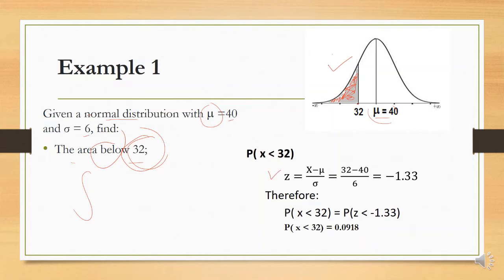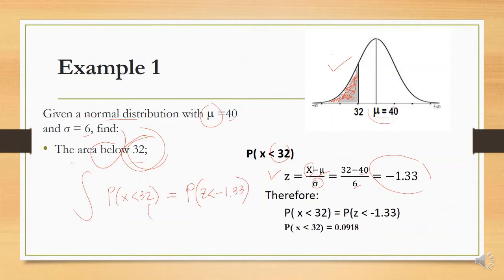So what do we do? Our x is 32, our mu is 40, and our standard deviation is 6. So we have z equal to negative 1.33. So it goes like this: P of x less than 32 is actually equal to P of z less than negative 1.33.